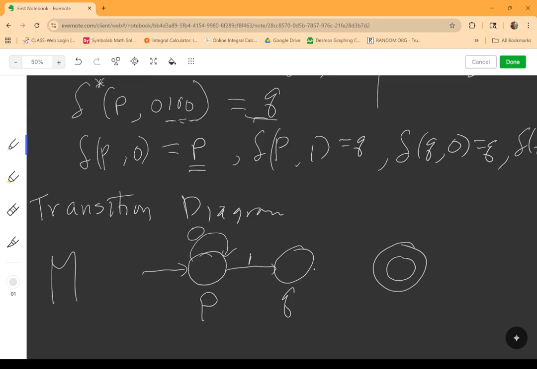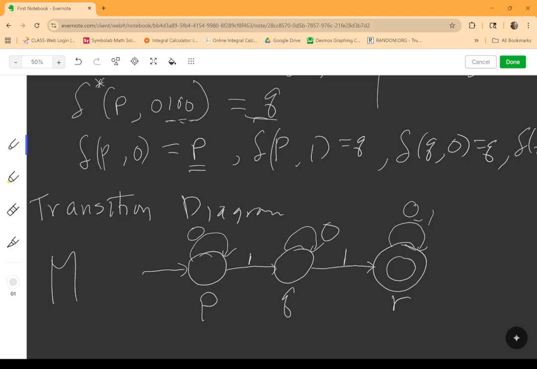And the same thing here: Q goes on to R. Once we're in R, we stay in R regardless of whether the input is 0 or 1. And it stays in Q if the input is 0. So this is our transition diagram. These are my accepting states, drawn with a double circle.